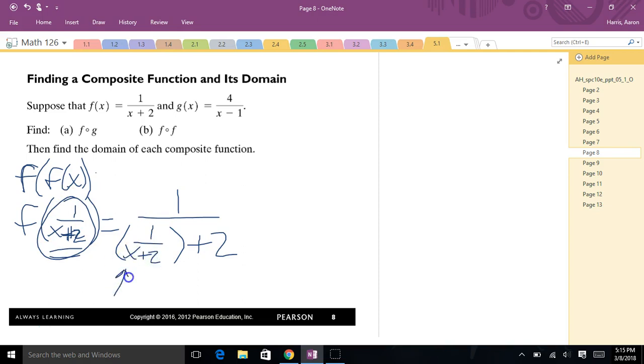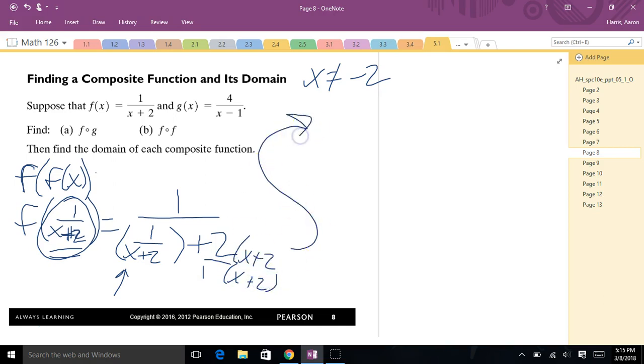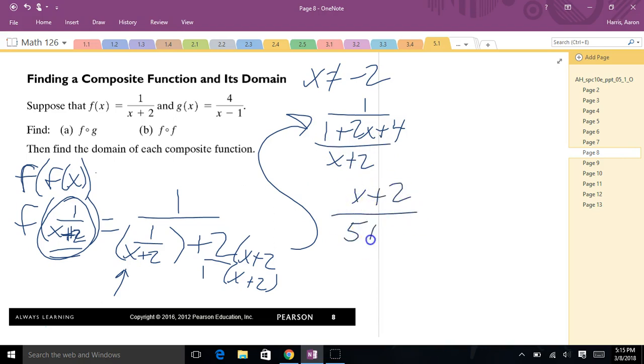And at this point we say, alright, domain, for sure, negative 2 is out already. Again, I'm going to look at it right there. If x is negative 2, not going to work. Now we got to clean this thing up, put it over 1, x plus 2, x plus 2. So this becomes 1 over 1 plus 2x plus 4 over x plus 2 multiplied by the reciprocal, and I got x plus 2 over 5 plus 2x, or 2x plus 5.